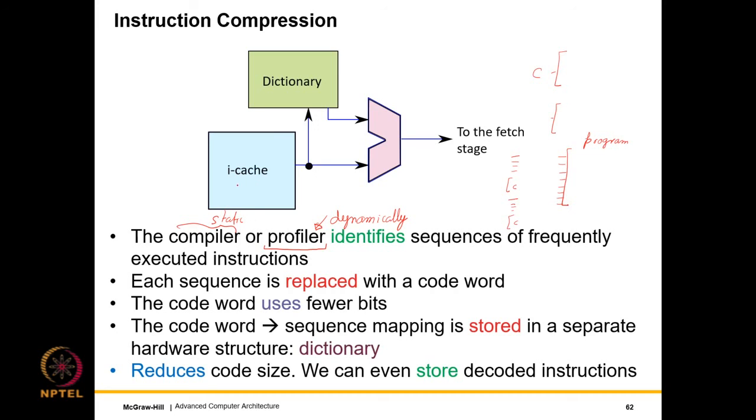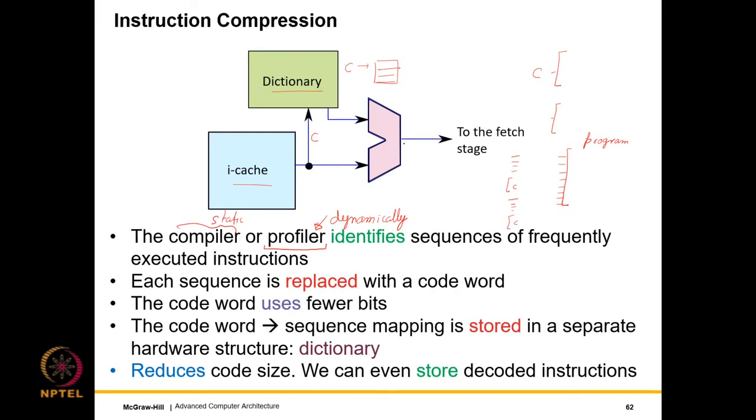So how does the processor handle the code words? Well, internally it of course has the I-cache, and it has a dictionary, which is something similar to the microcode cache. Whenever we read a code word from the instruction cache, the code word is sent to the dictionary. The dictionary looks up the code word, and out comes a sequence of instructions.